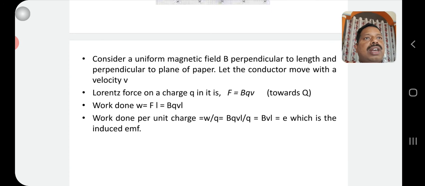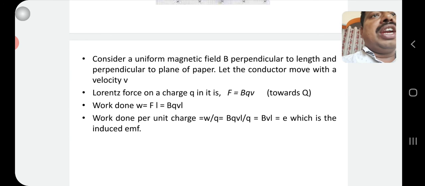The amount of work required to bring a unit positive charge once around the circuit is what we call electromotive force. Thereby, work done per unit charge gives BVL, which is the induced EMF in the conductor. Therefore, E is equal to BVL. This is the expression for induced EMF.